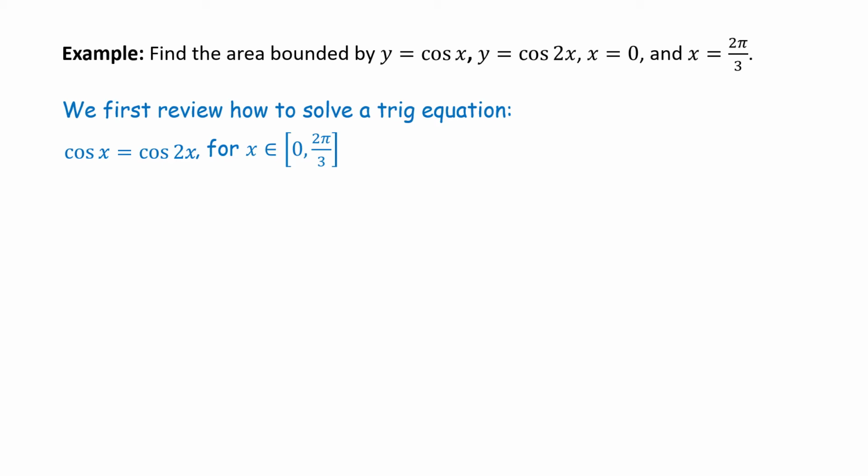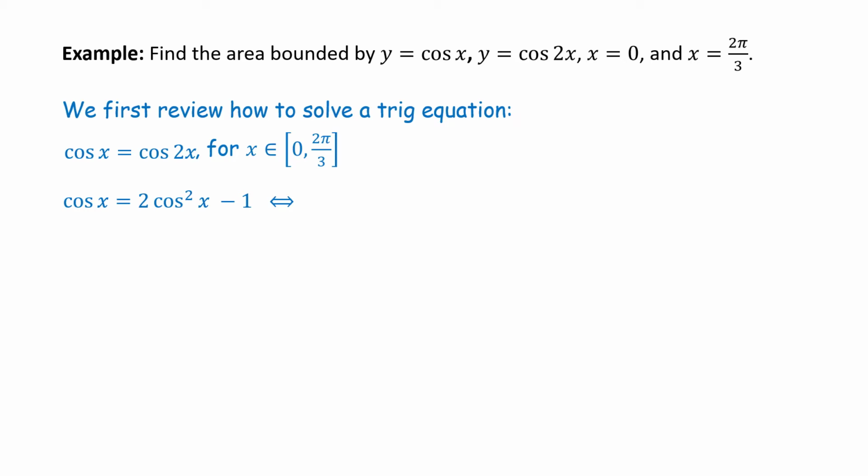First, we're going to use a double angle formula for cosine 2x and rewrite this equation as cosine x equals, and for cosine 2x, we'll use 2 cosine squared x minus 1. Now let's set this equal to 0.